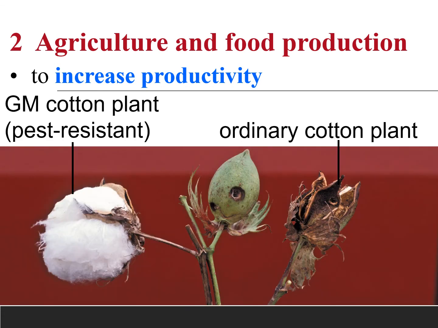A pest-resistant gene can be inserted into some GM cotton plant to increase the pest-resistant ability and also increase the productivity. So if there is a natural ordinary cotton plant on the right, it will be deteriorated and damaged very easily by the pest, 害蟲啦. But with the resistant gene, then the plant can grow very, very well.